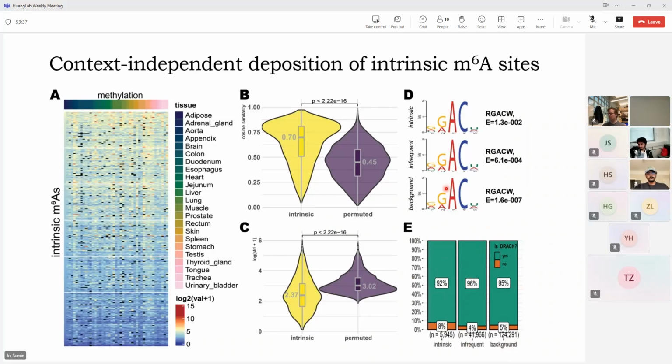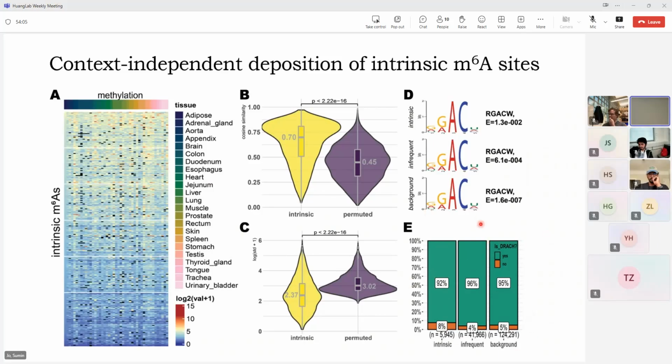If we analyze with a statistical motif search, then intrinsic, infrequent and background sites have exactly the same ERACW motif, which is slightly different from the known DRSH motif, and they are all significantly enriched across all types of the M6A sites.